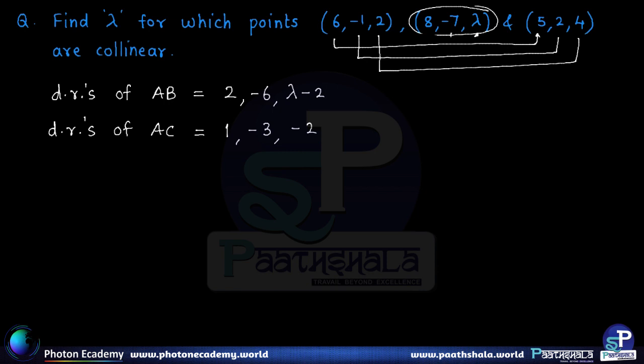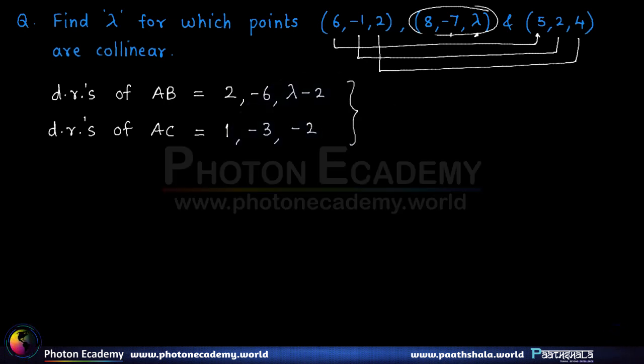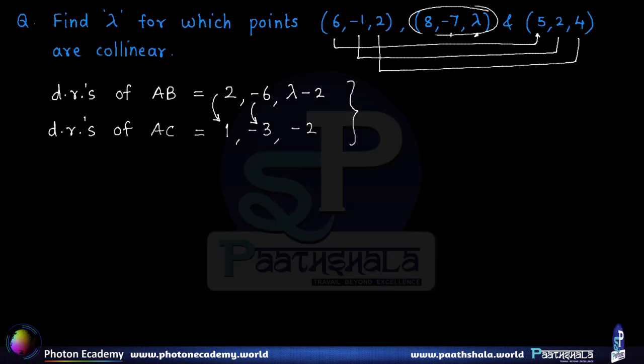Now if we want the 3 points to be collinear, then clearly both of these direction ratios must be basically the same because they represent the same line. And let us observe here 2 and 1, so half of 2 is 1, then minus 6 and minus 3, once again the half of minus 6 is minus 3, so that means the remaining pair must also bear the same ratio among them.